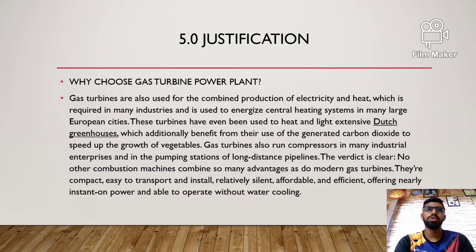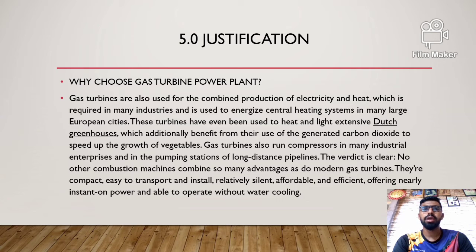justification. Why choose gas turbine power plant? Gas turbines are also used for the combined production of electricity and heat, which is required in many industries and is used to energize central heating systems in many large European cities.